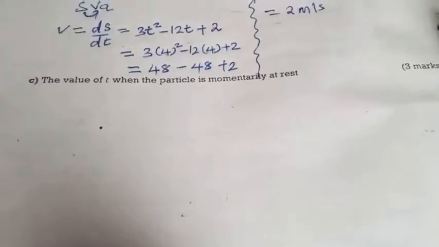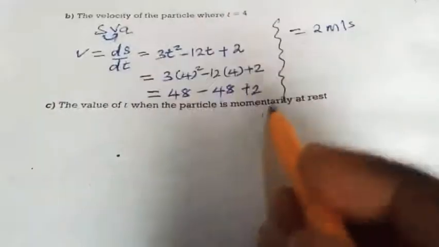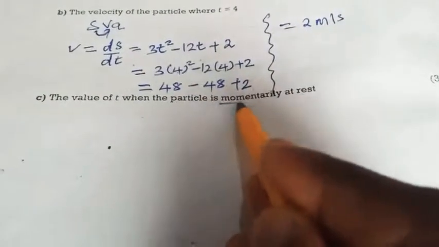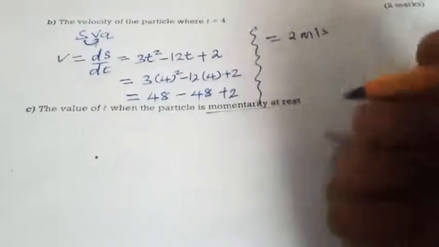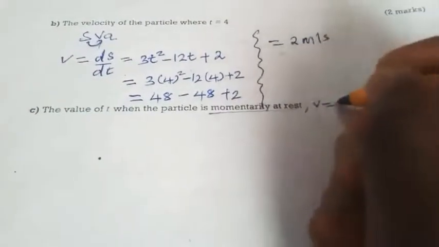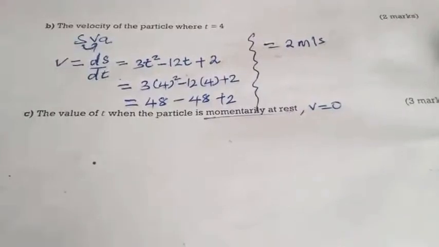Part C, the value of t when the particle is momentarily at rest. So here, when the particle is momentarily at rest, velocity must be equal to 0.